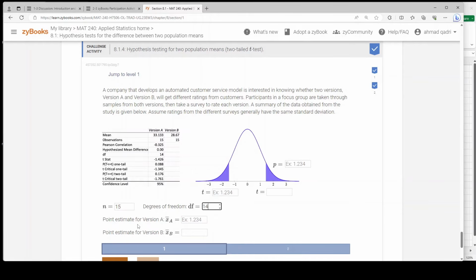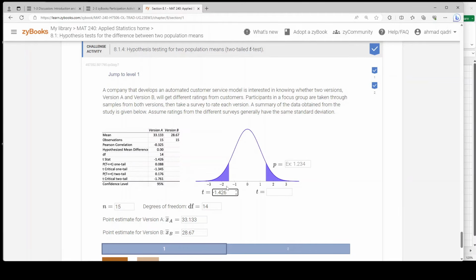The point estimate in this case is the sample mean. For version A it is 33.133, and for version B it is 28.67. This time we have a two-tailed t-test, so we have two tails. And the t statistic given here is negative 1.426.